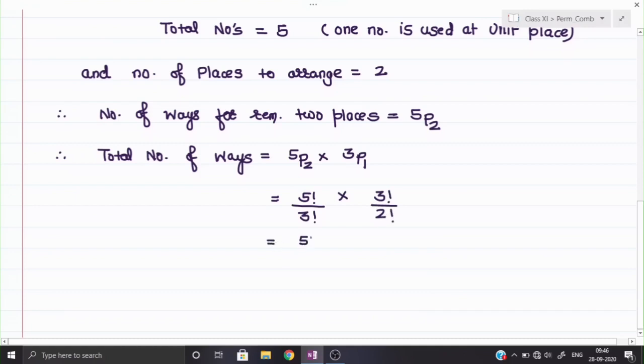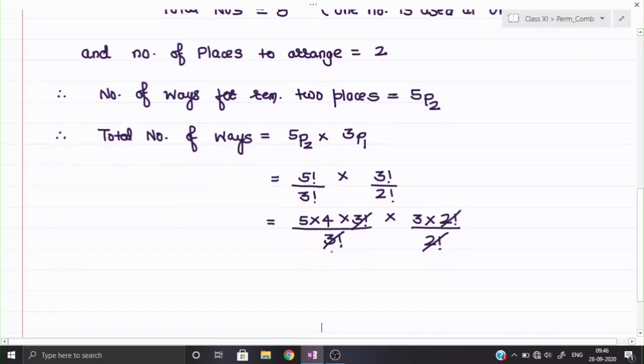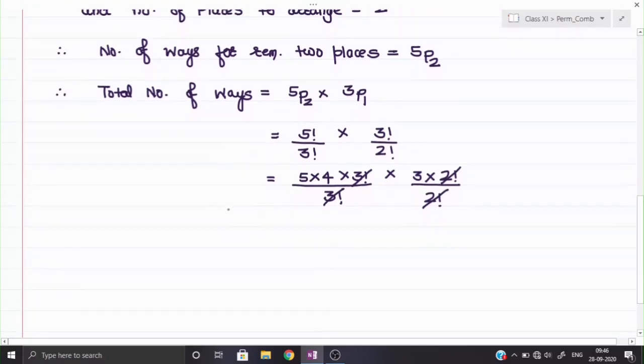It can be 5 into 4 into factorial 3 upon factorial 3. If you don't show the cancellation of factorial 3 with factorial 3, it will be okay. So 3 into factorial 2, because I am taking 3 out, so remaining is factorial 2 over there, and here also factorial 2 is there. Cancelled. What is remaining now? So remaining is 5 into 4 is 20, 20 into 3 is 60.